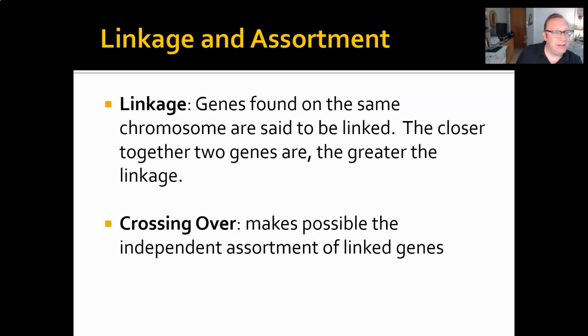Okay. Finally, linkage and crossing over. Linkage is just an expression of how close together two genes are on a chromosome. If you've got gene A and gene B, they're right next to each other. When crossing over happens during meiosis, remember, part of the tail of the chromosome can flip and switch places with another one.